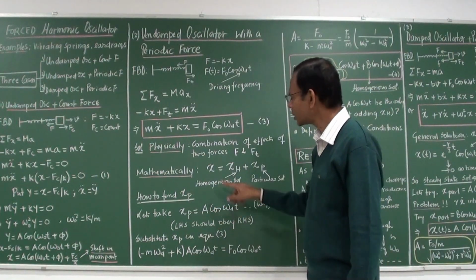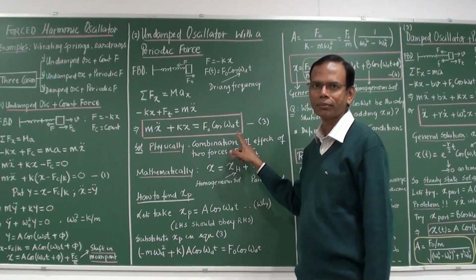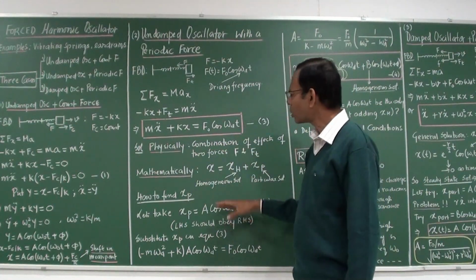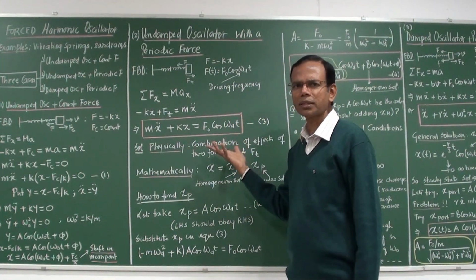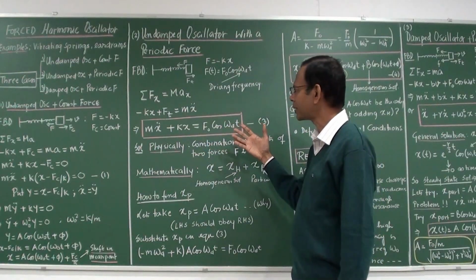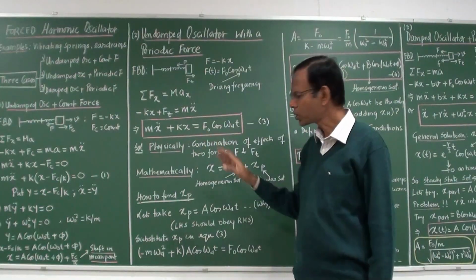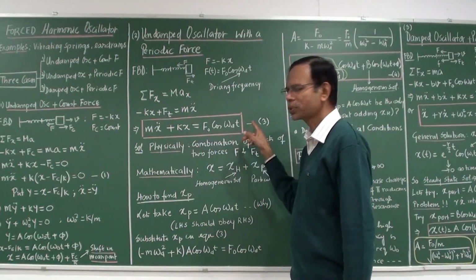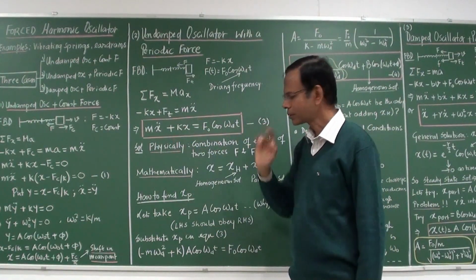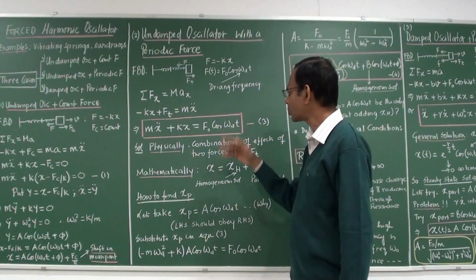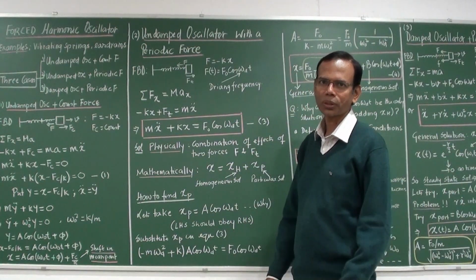If this solution is satisfying this equation, then why is this not the only solution? Why should I add the homogeneous one? Because this satisfies this whole equation, isn't it? So why should I add the homogeneous solution? That is the question.